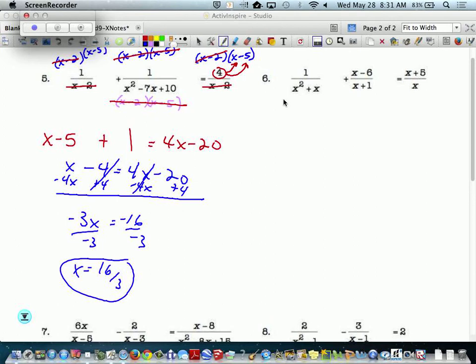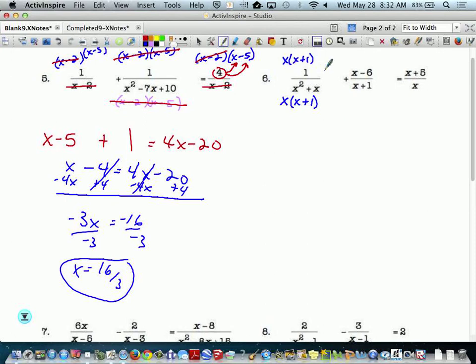In number 6, this first one is x plus 1. So now you have all your denominators factored, and you should be able to look to see what we have to multiply to wipe it out. So in this first one, I'm going to have to multiply by x plus 1 to get rid of it. Now some teachers don't write this.